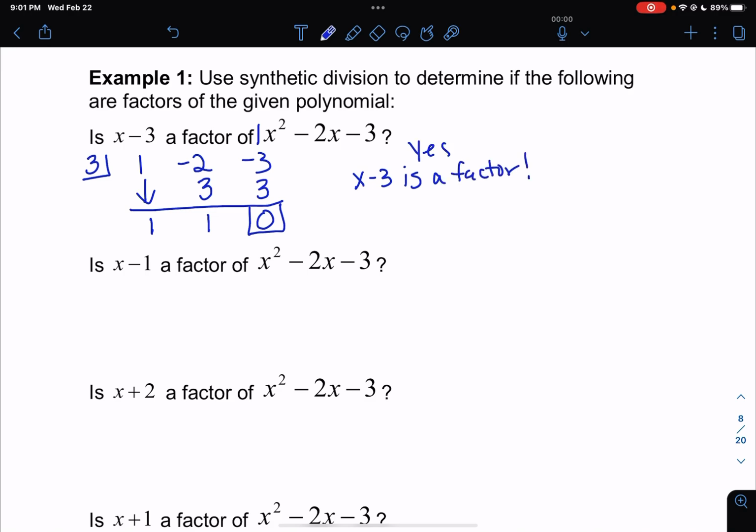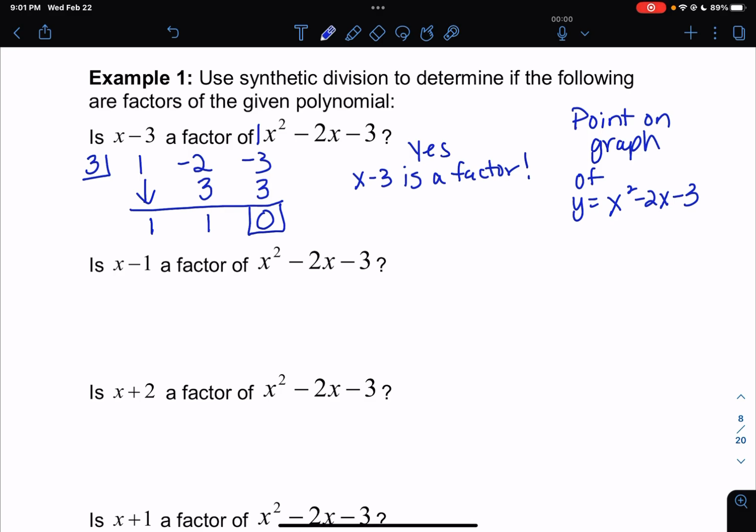Yes, it is. And this also corresponds to a point on the graph of y equals x squared minus 2x minus 3.